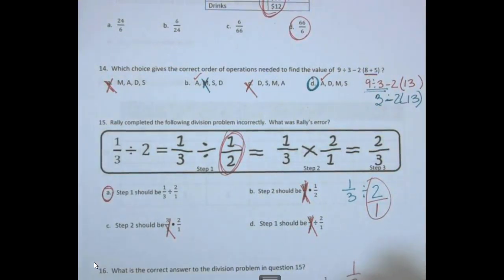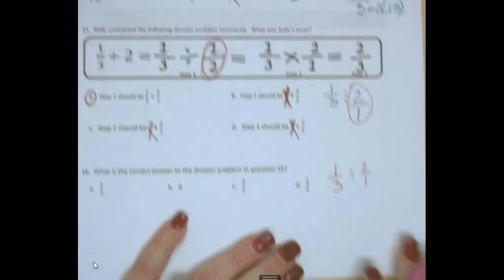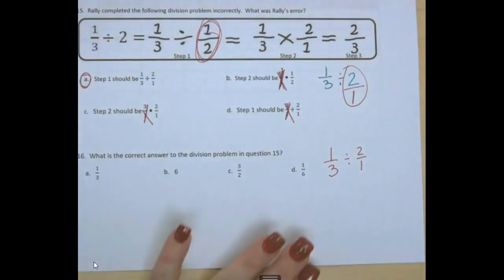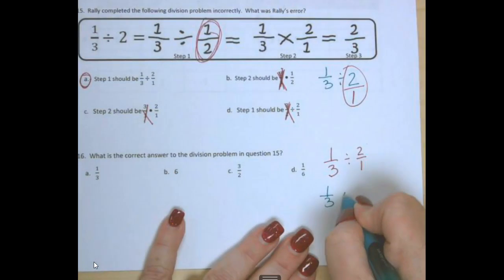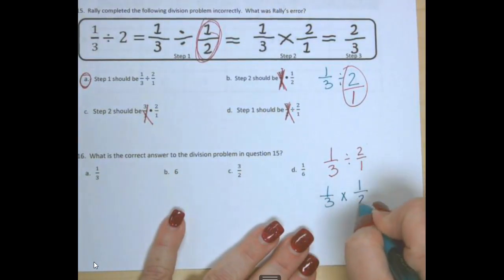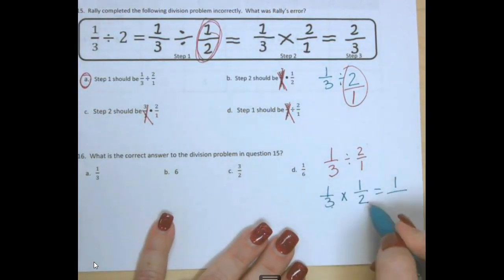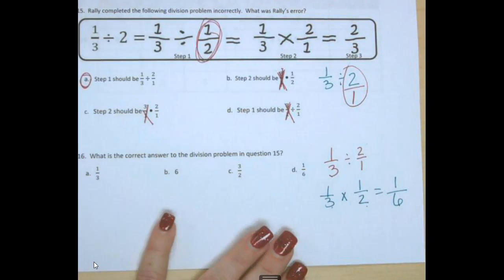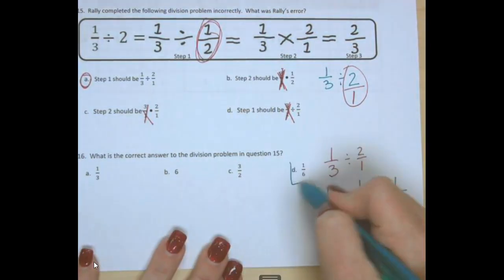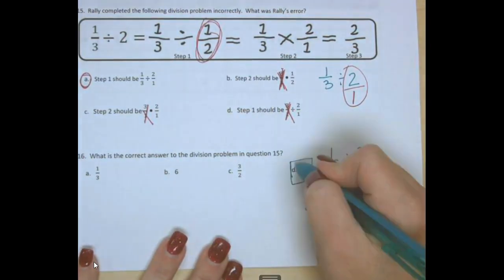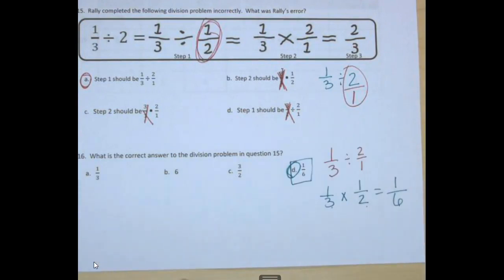So 1/3 divided by 2 over 1. So I have 1/3 times 1 over 2. 1 times 1 is 1. 3 times 2 is 6. So my answer is 1/6, which is D.